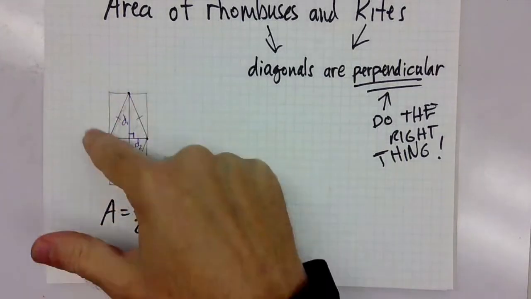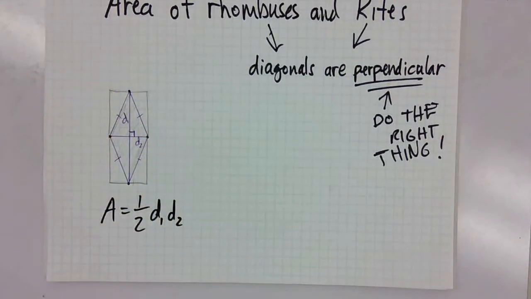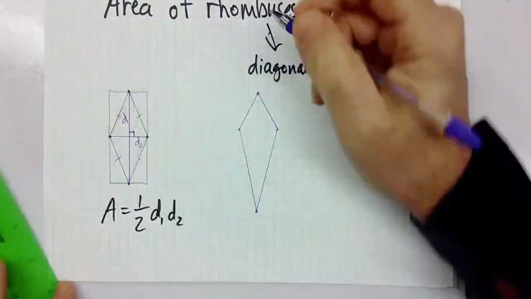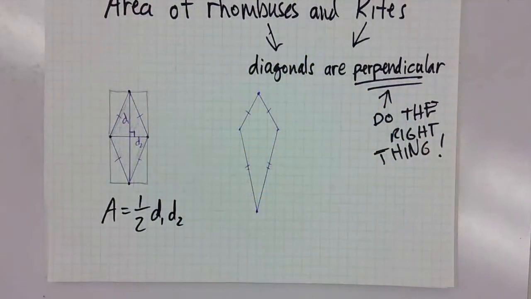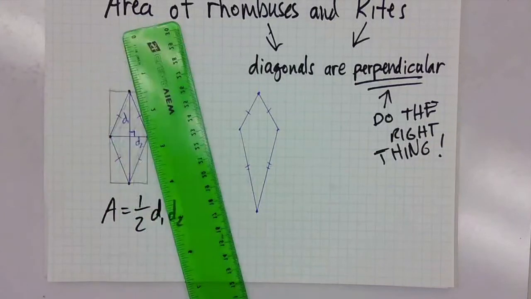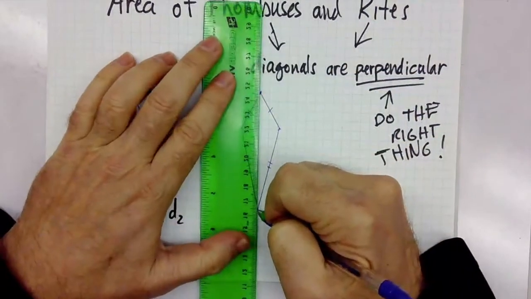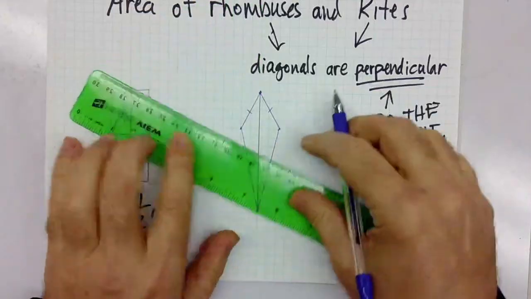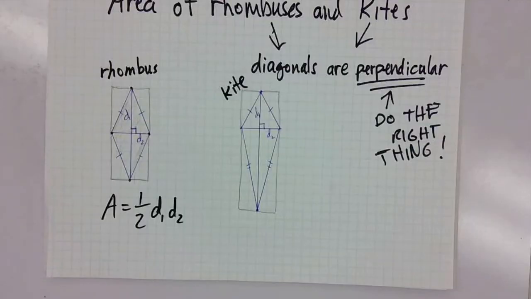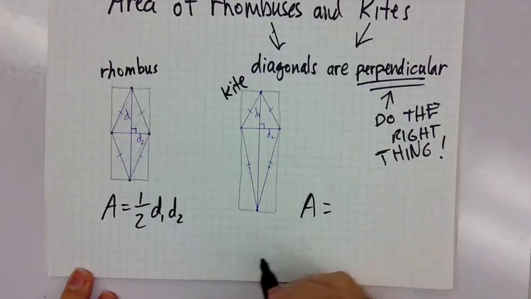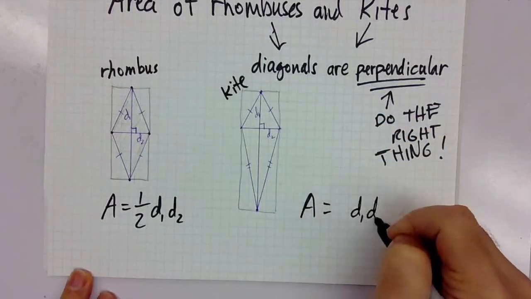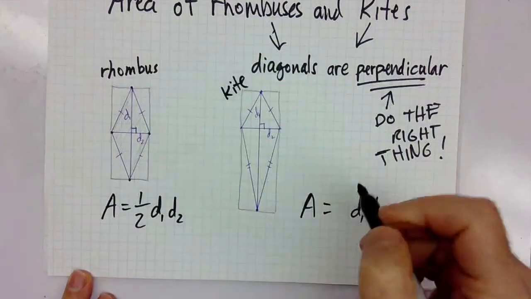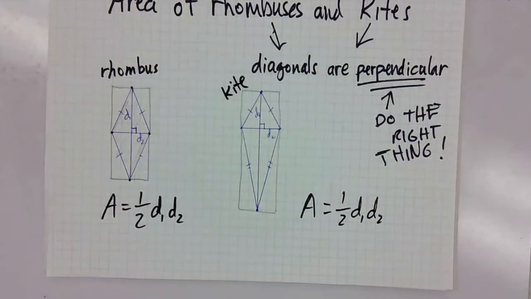So if I have my diagonals, this is a very quick and easy way to find the area of a rhombus. But what's important about the kite is that it has diagonals, which are perpendicular and allow us to do the right thing. Therefore, I can use the same formula, diagonal 1 times diagonal 2, which gives me the area of this rectangle, and then I can divide that by 2 or take 1/2 to get the final area.